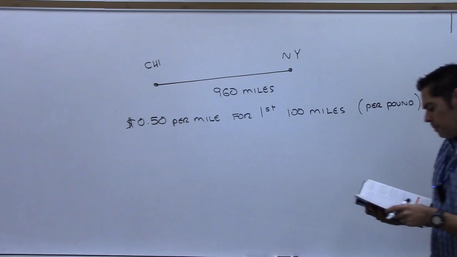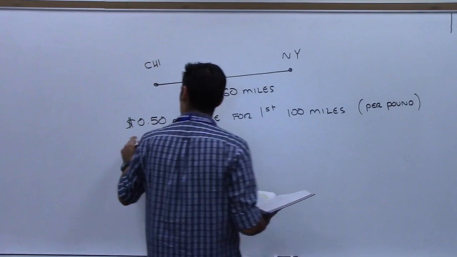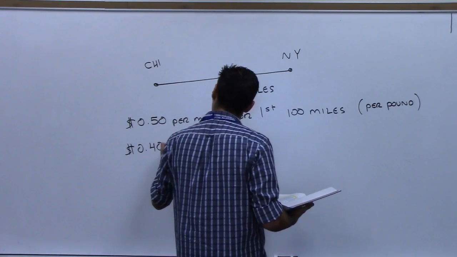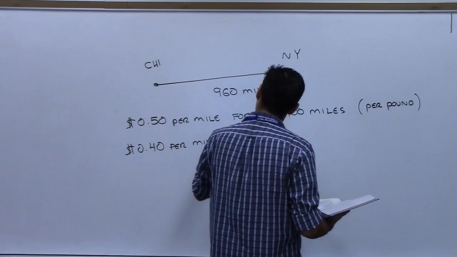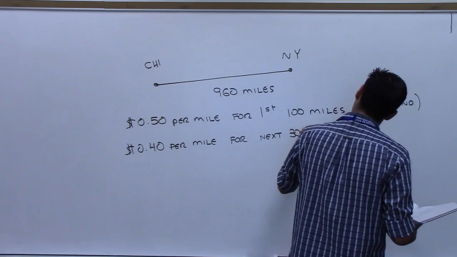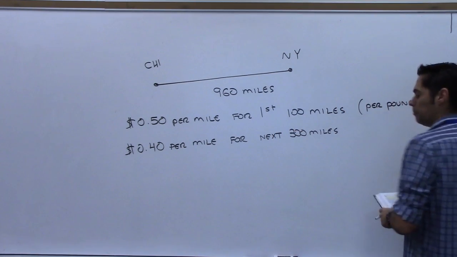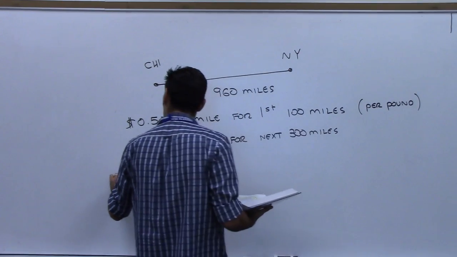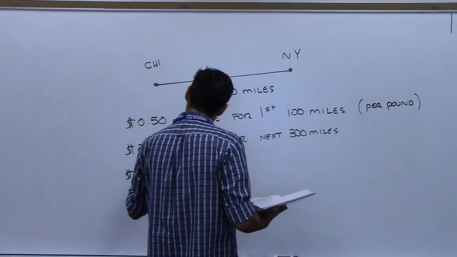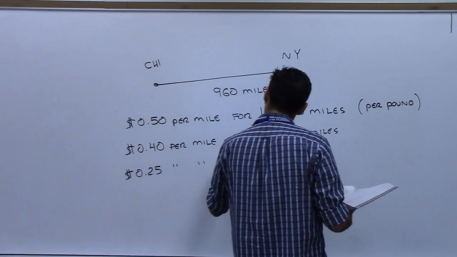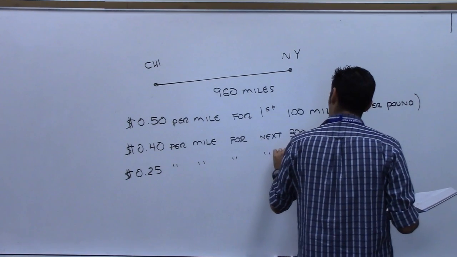Then 40 cents per mile for the next 300 miles, and that's per pound again. And then 25 cents per pound per mile for the next 400 miles.